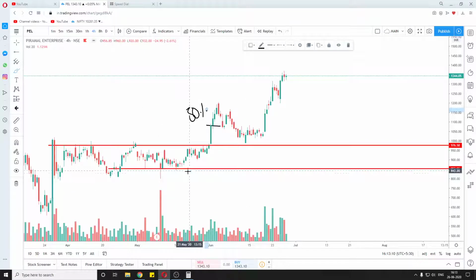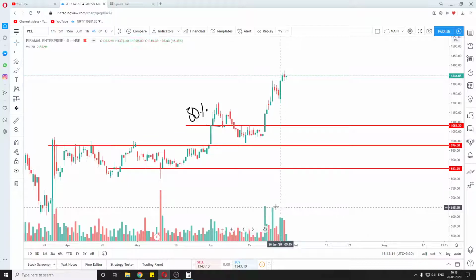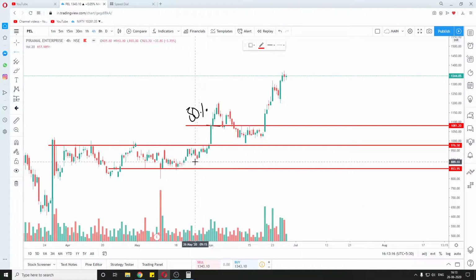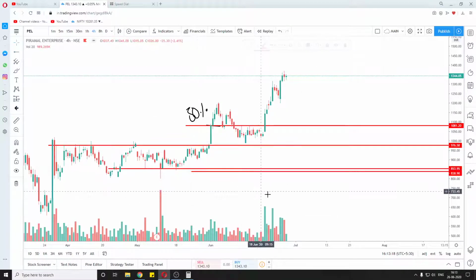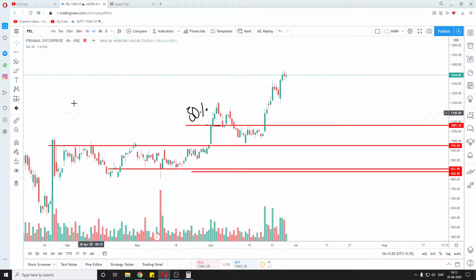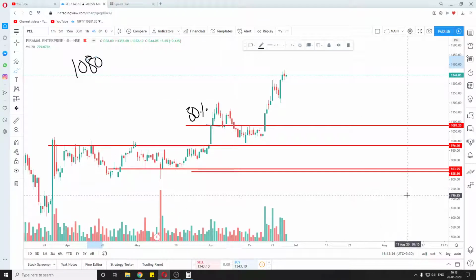So if our entry is around 1080, our stop loss is coming at around 840 rupees.